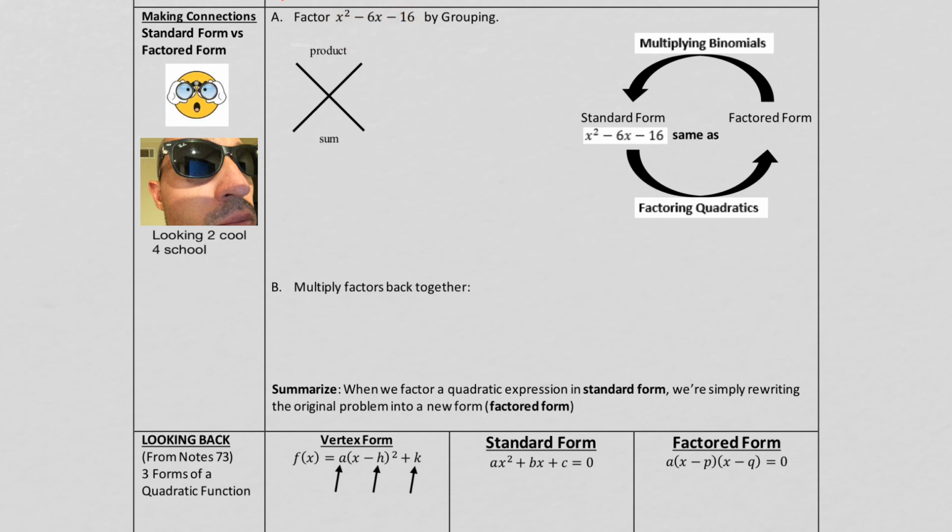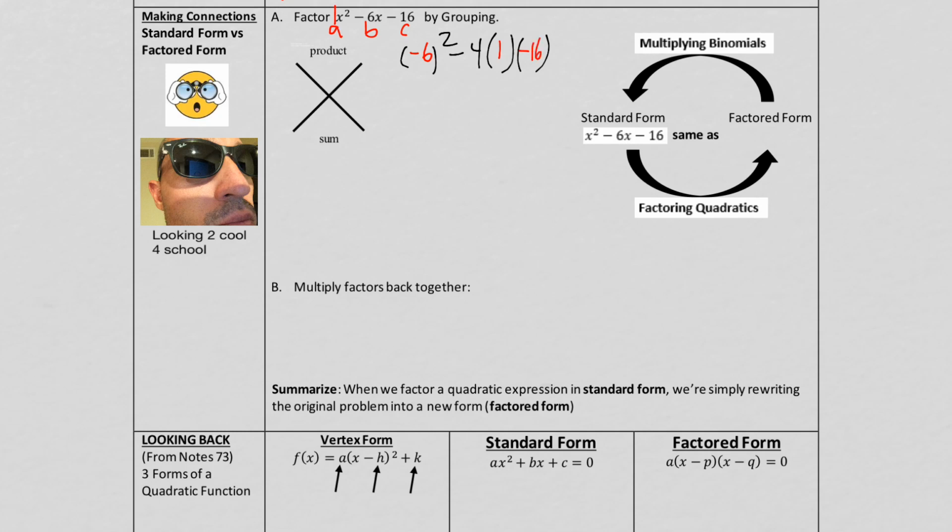To start, we know that a equals 1, b is negative 6, and c is negative 16. Next, I'm going to find the discriminant just to make sure that I can factor it. So b squared minus 4ac. b in this case is negative 6, minus 4 times a, which is 1, times c, which is negative 16.